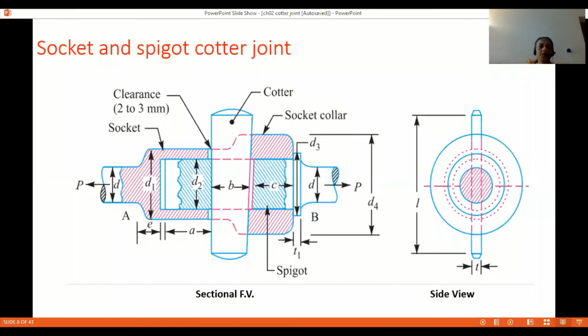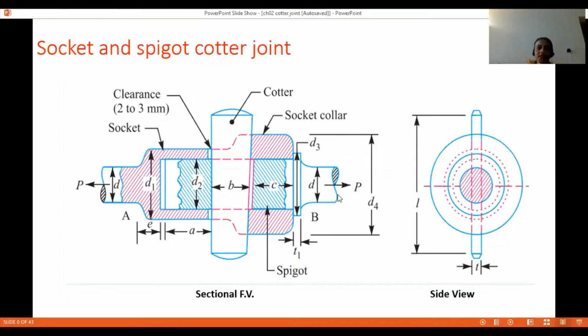So friends, we will see here a two-dimensional sketch of the socket and spigot and cotter joint. This part, shown by pink section lines, is the socket along with the socket collar. This part is a spigot with the spigot collar, and these two are the rods which are to be connected.